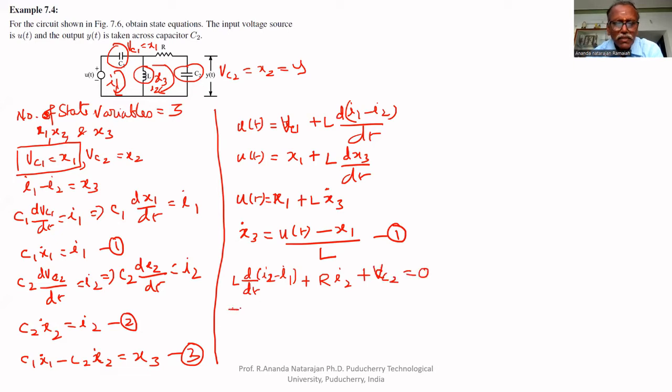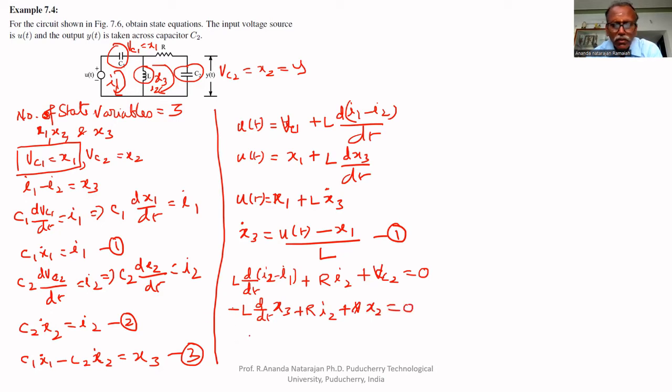So minus L d by dt of x3, because I1 minus I2 is x3, that's why I2 minus I1 becomes minus L d by dt of x3, plus R I2 plus VC2, where VC2 equal to x2, equal to 0.